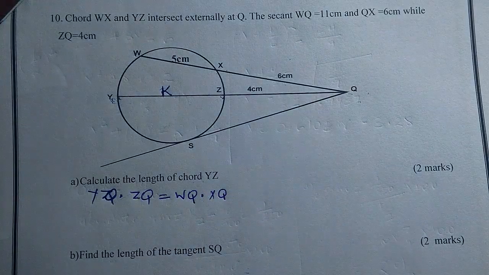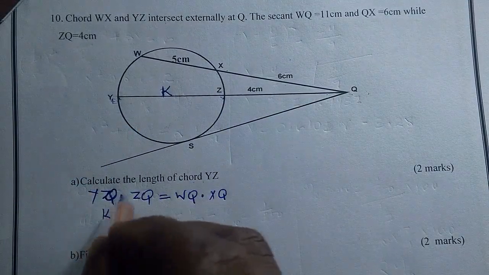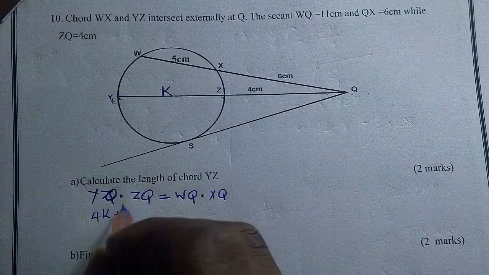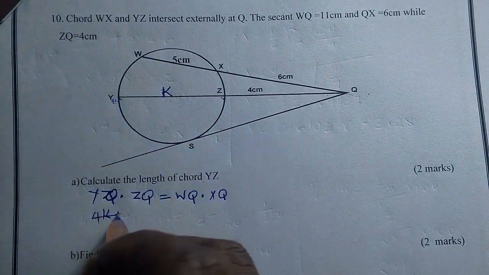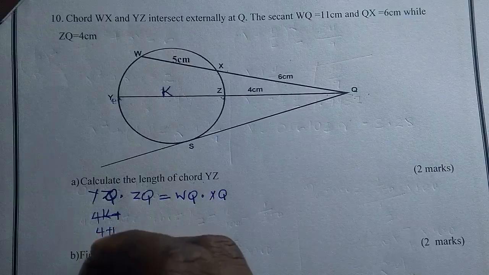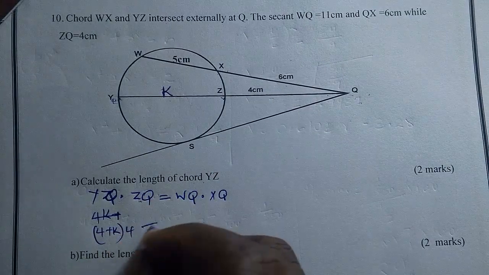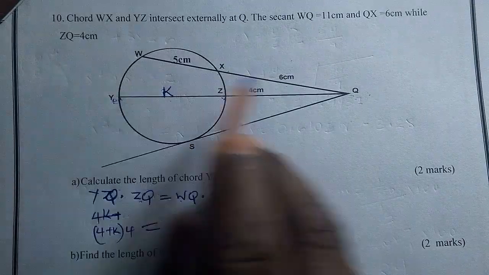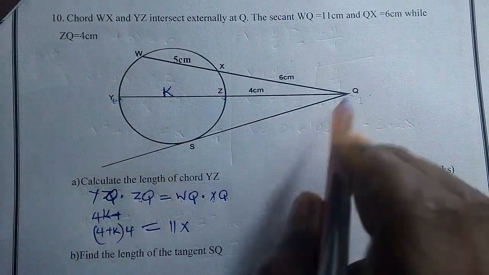Now get the distance from here up to here. From here up to here is 4 plus K, then multiply with ZQ, which is 4, is equal to WQ, which is 11, times XQ, which is 6.